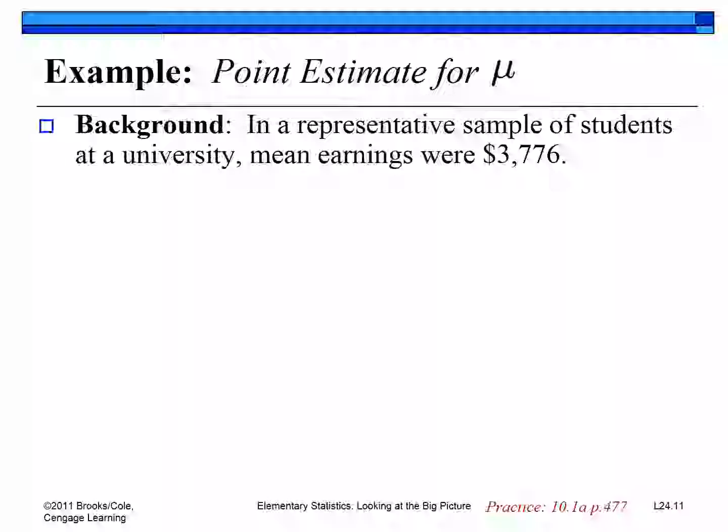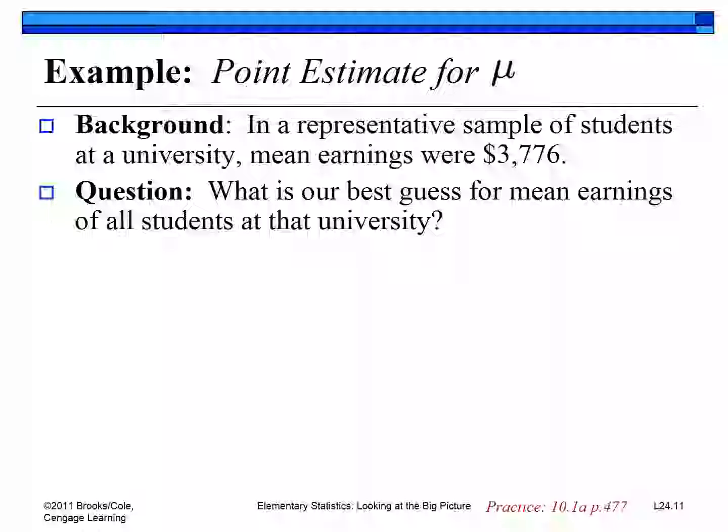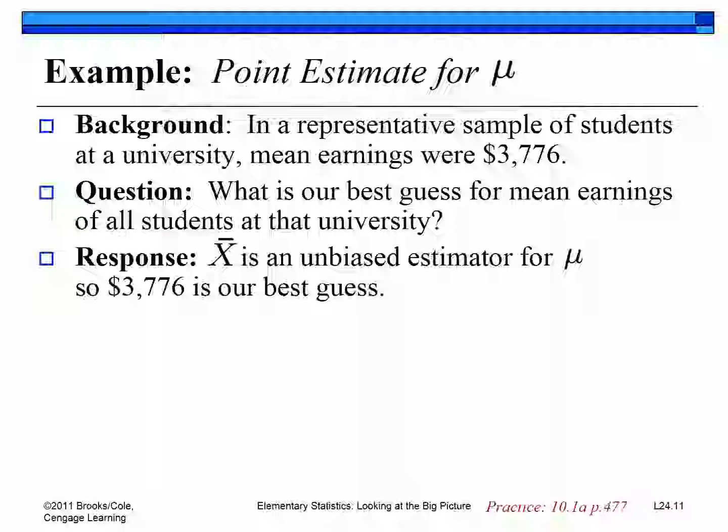Now, back to our example about our representative sample with mean earnings $3,776. Based on this sample, what is our best guess for the average earnings for all students at that university? Well, based on the data, our best guess would be $3,776 because sample mean is an unbiased estimator.